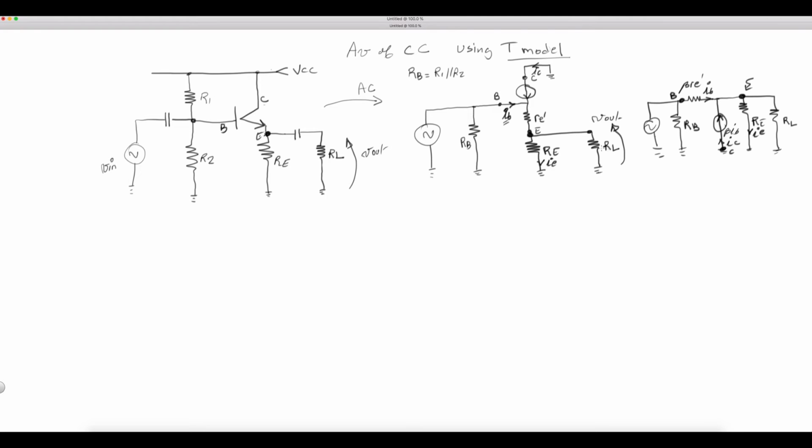Except we have to be careful, we have a load here. Okay? If we have a load and V out happens to be here, then V out is here as well. So we can say safely, right, that the current going through RE right here times RE is V out.